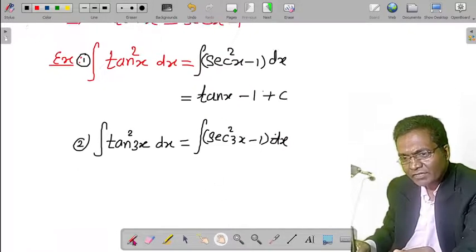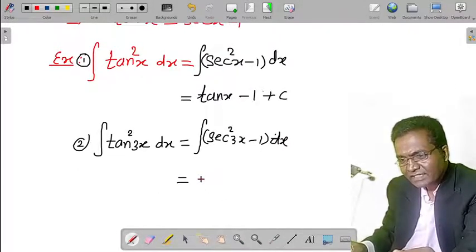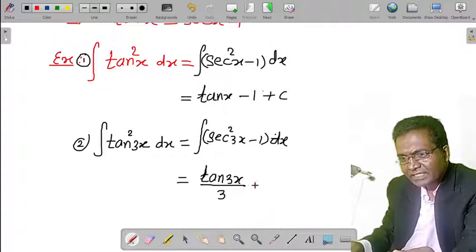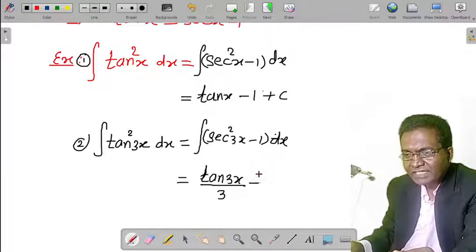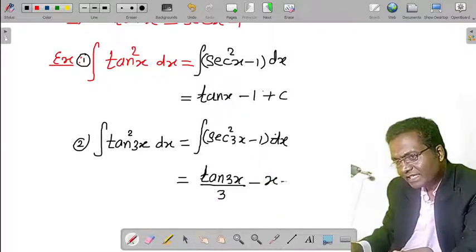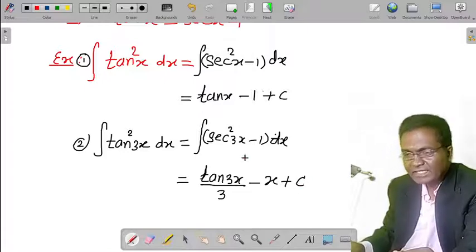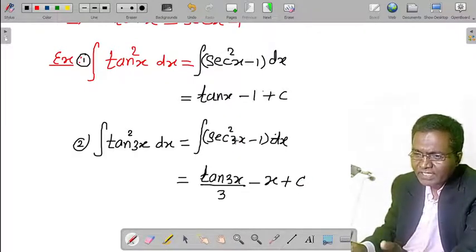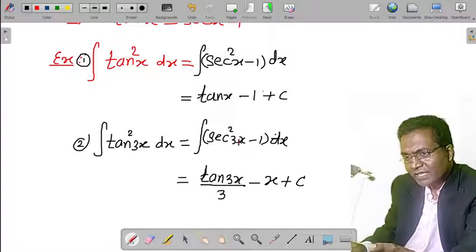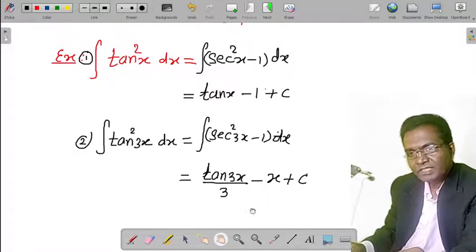So the integration of secant square 3x, as we discussed, is tan 3x by 3, minus the integration of 1, which is x, plus c. The integration of sec square ax is tan ax by a. So here a is 3.